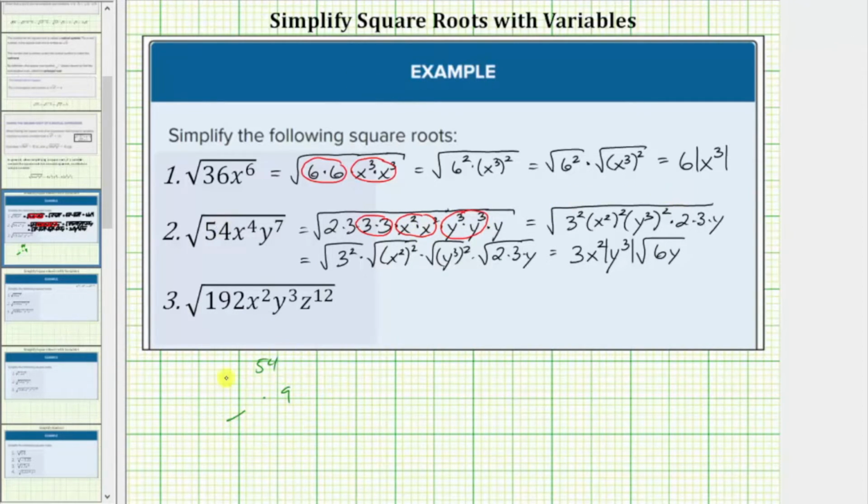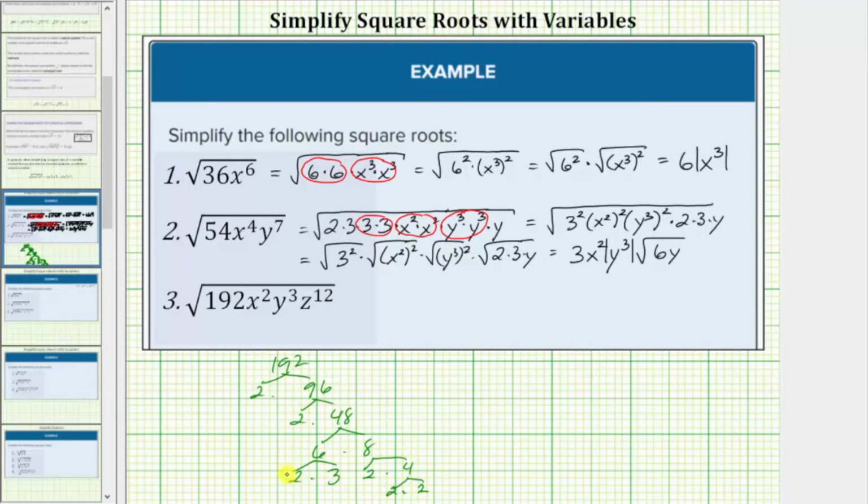For the last example, we'll begin by determining the prime factorization of 192. 192 is equal to 2 times 96. 96 is equal to 2 times 48. 48 is equal to 6 times 8. 6 equals 2 times 3. 8 equals 2 times 4. 4 equals 2 times 2.